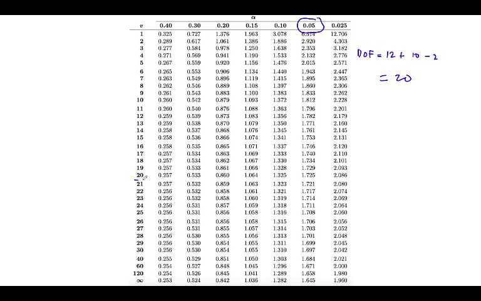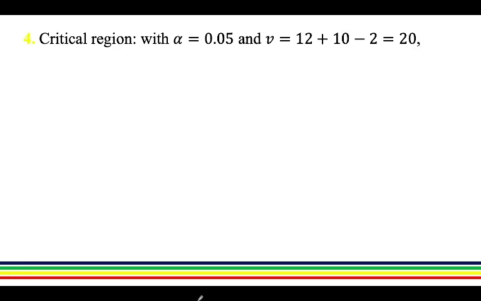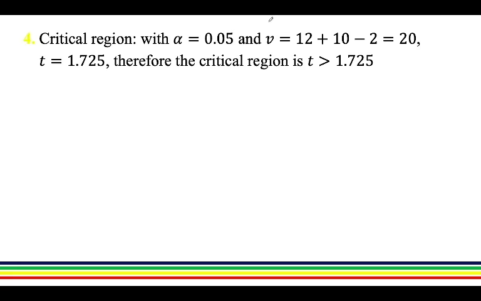So let's take a look at this row here and the column of 0.05. Then we have 1.725 as the value of our t. So that's it. With alpha of 0.05 and v of 20, our t is 1.725.